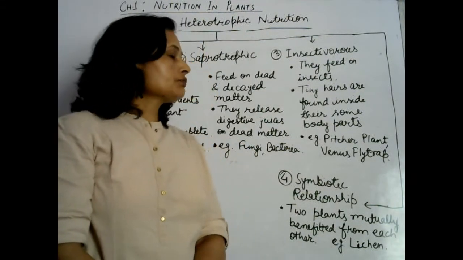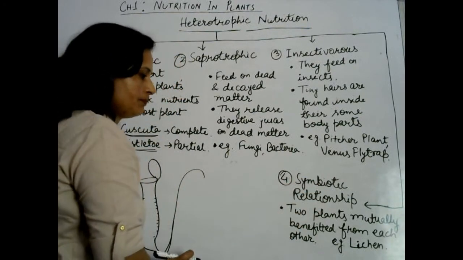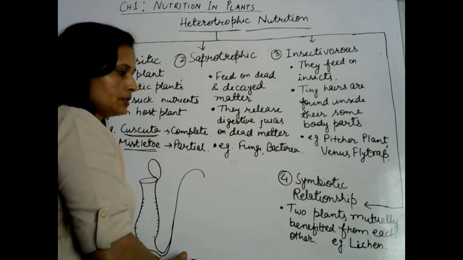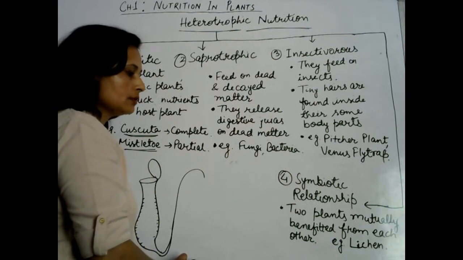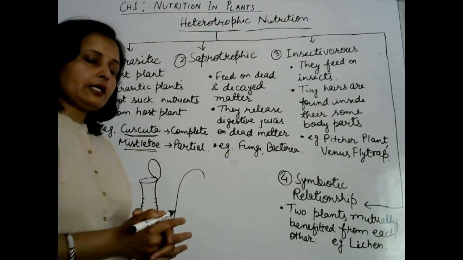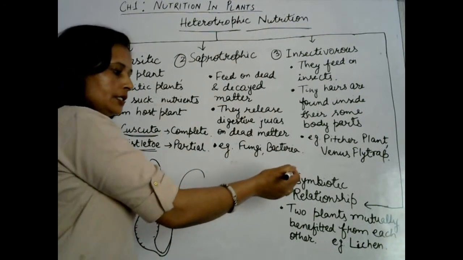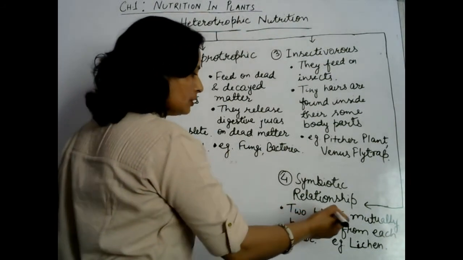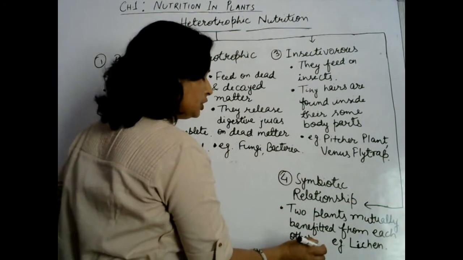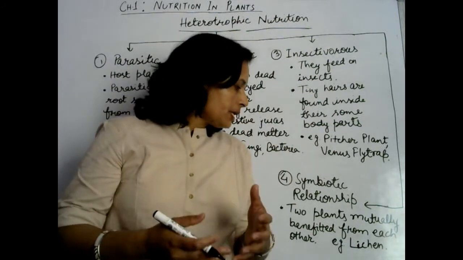Now the last one, the fourth type, is the symbiotic relationship. Symbiotic means when two things get mutual benefit from each other. In the case of plants, there are two plants which mutually benefit from each other.